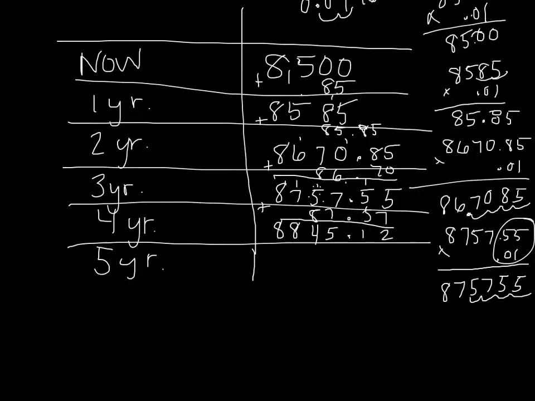This one, thankfully, is going much faster. So now I have to take 8,845.12 and multiply that by 0.01. So I would get 2, 1, 5, 4, 8, 8. Bring it back 4.